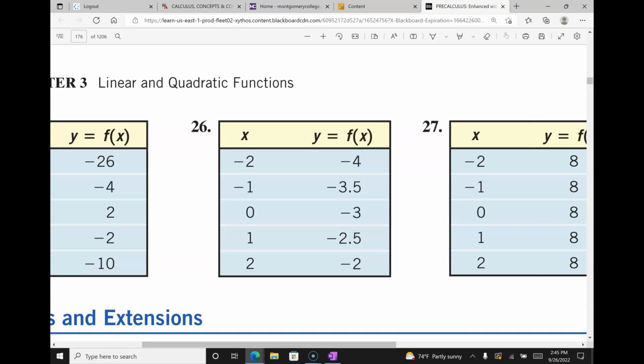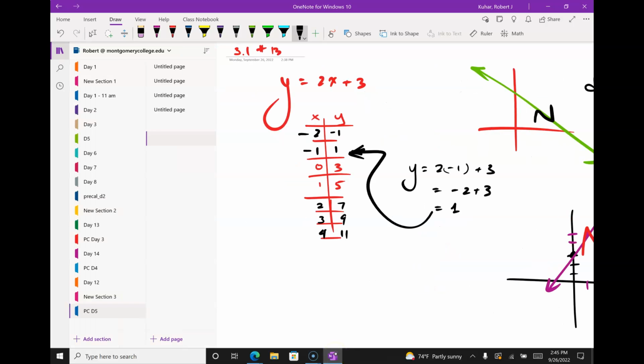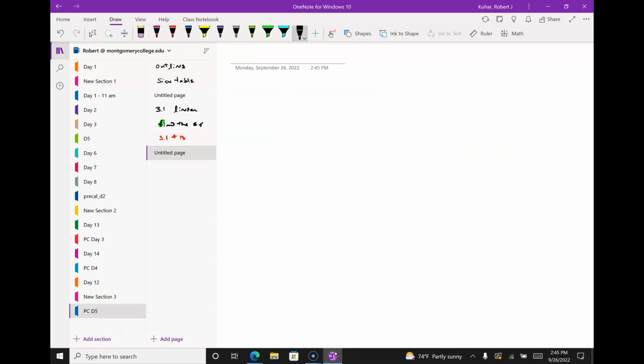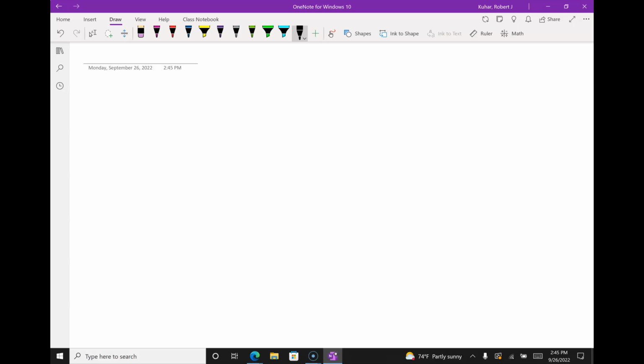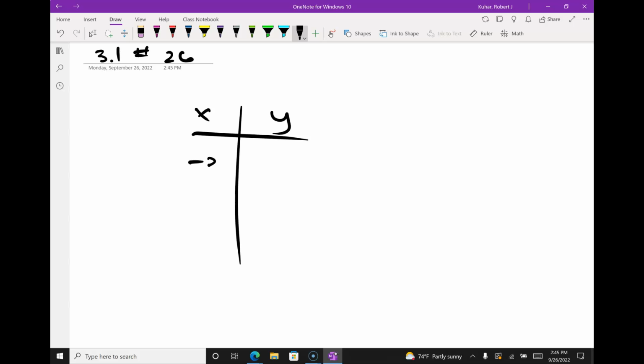It's not really that interesting to me to give you one that's not linear. So the one I gave you for homework is linear. But I would like to be able to do this in some kind of systematic fashion. So this is 3.1, number 26. I gave you an XY table of x: -2, -1, 0, 1, and 2, and y: -4, -3.5, -3, -2.5, -2.